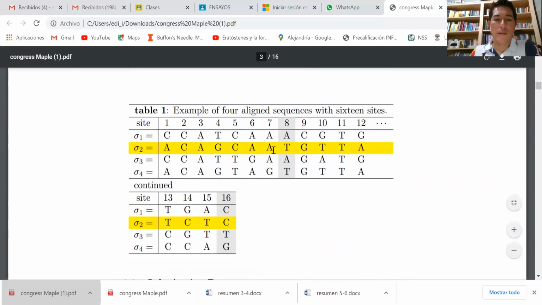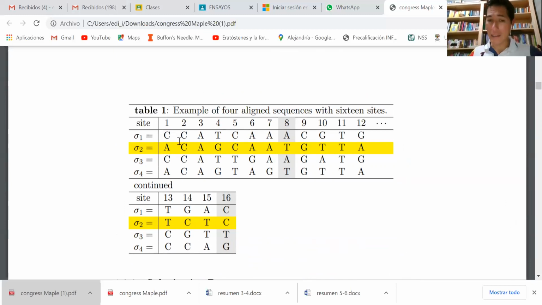Table 1 shows 4 lineages with 16 sites. I mean, lineages with 16 nucleotides, okay? Different sites, for example, site 8 is a column of characters, and these 4 characters are placed to these 4 leaves on the phylogenetic tree.